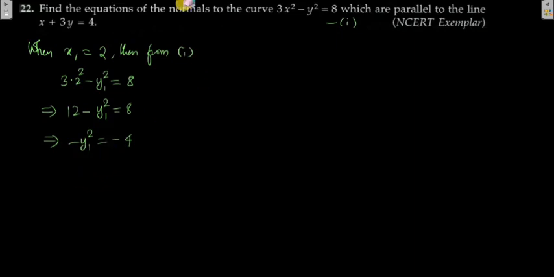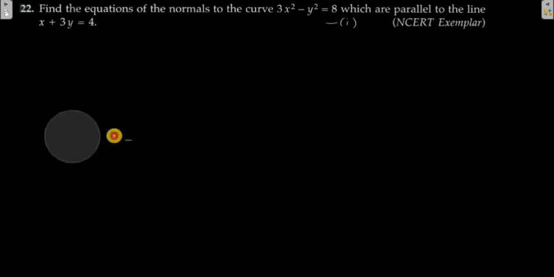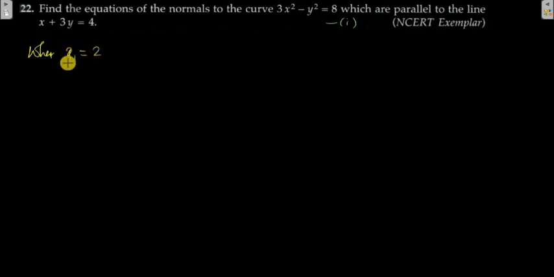No, don't do this. Instead of doing this, what we can do is, remember what you got: when x1 is equal to 2, and another was when x1 is equal to minus 2.